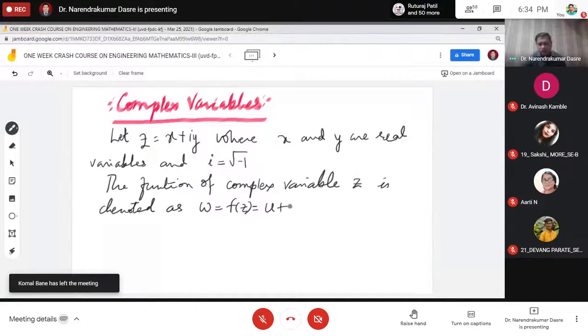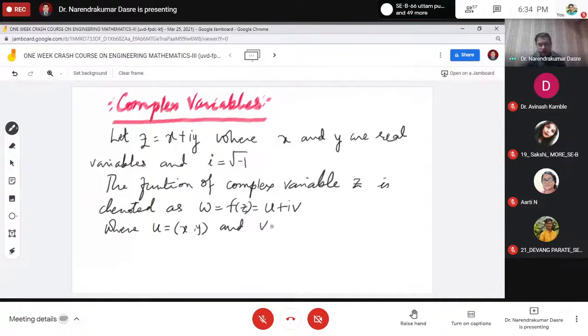This is going to be u plus iv, where u is again a function of x and y, and v is also a function of x and y. So u is a function of x and y and v is again a function of x and y. Now we will see how we get this structure.